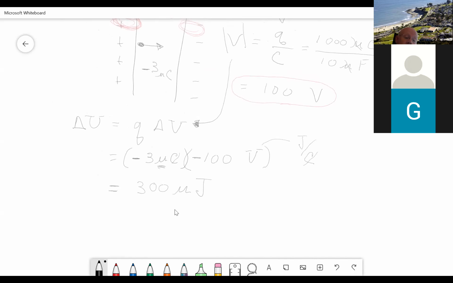It needs 300 microjoules of energy in order to do that. And so again, it would be like throwing an object up in the air and asking, is it going to make it to the top of the cliff? And the cliff is 100 feet tall. Well, you can calculate how much potential energy it must have there, because it must get it from its kinetic energy.